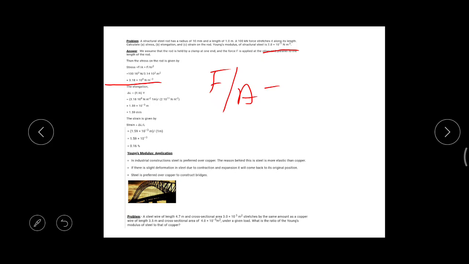Young's modulus value is a constant for a particular material. Material to material the value will vary, but various objects made from the same material will have the same modulus value.